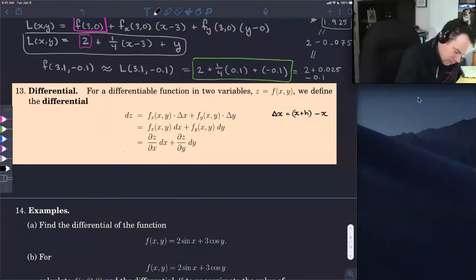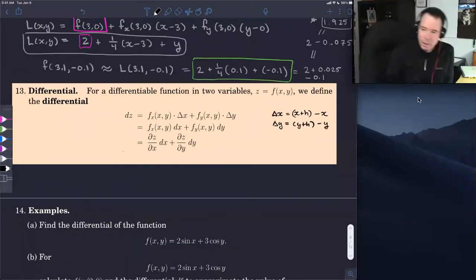That's what delta x is, and then for delta y, you move your y value a little bit, and you take away the original one, and that tells you how much you moved by. So that's what our delta x and our delta y are. There's just that h value that I've moved by.